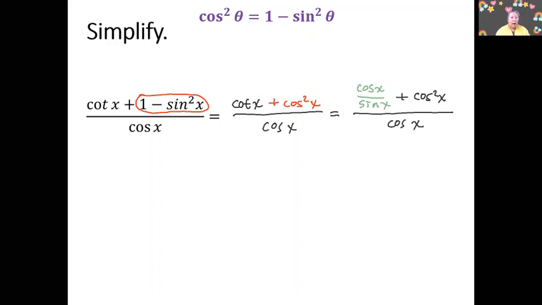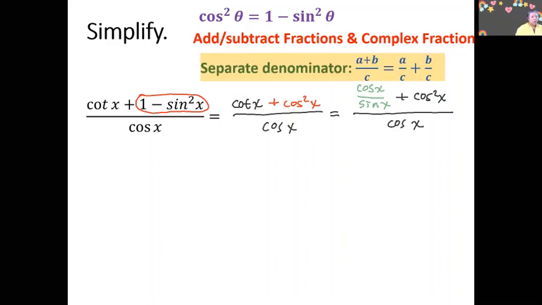Then I suggest you guys to see some cool fractional trick here. As we saw in the previous problem, if you have a over c plus b over c, you're supposed to go ahead and add the numerators because the c, which is the common denominator, was already given.